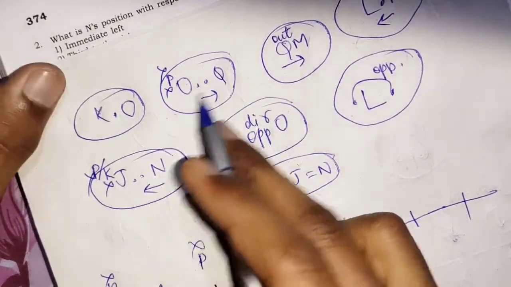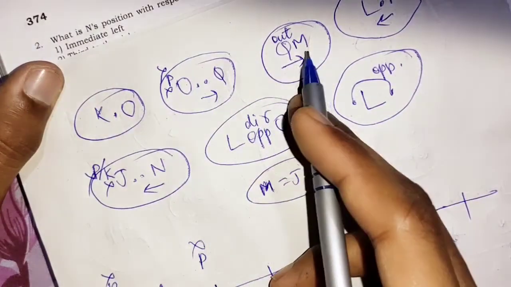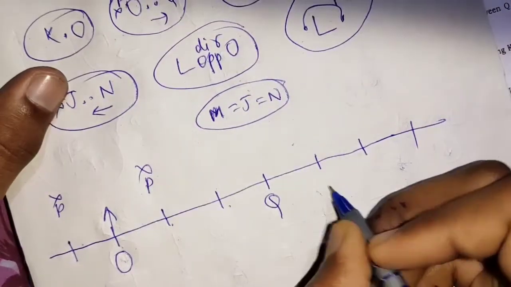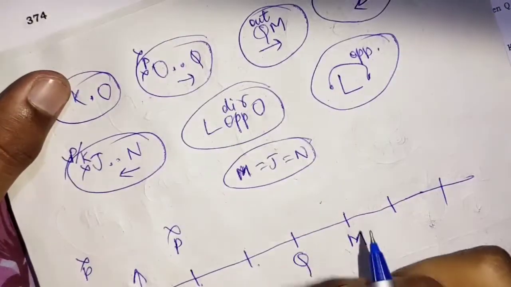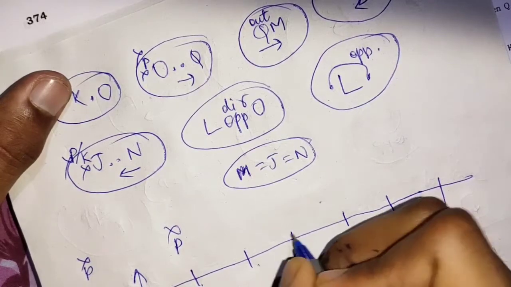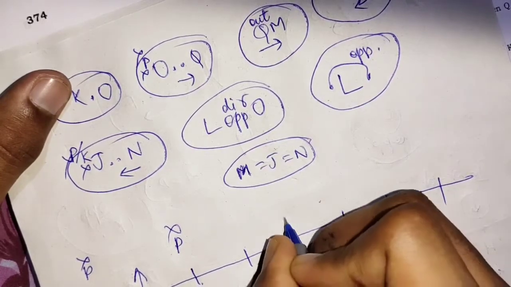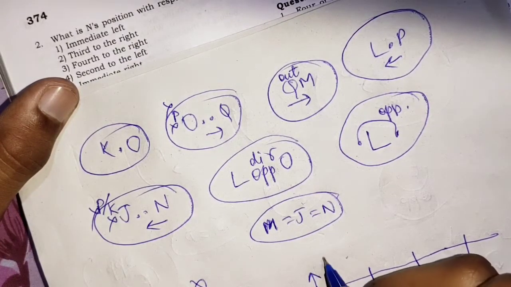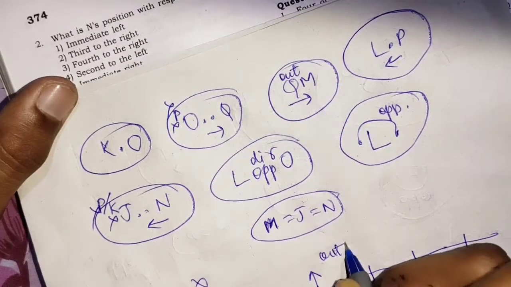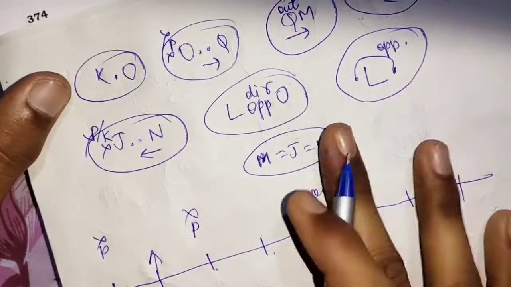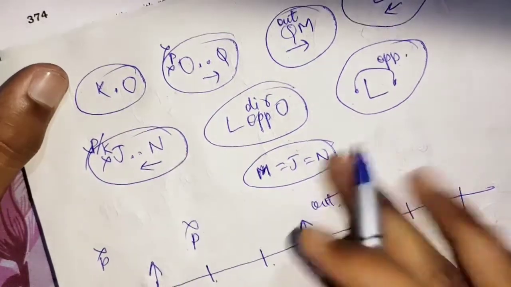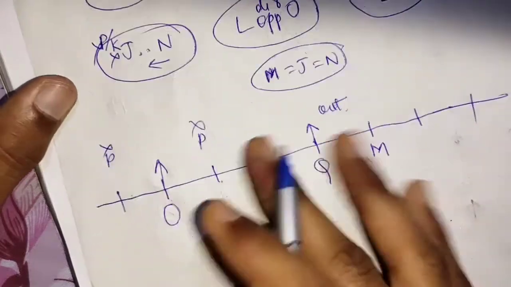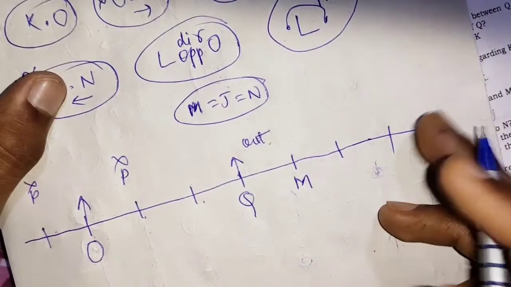So let's suppose we check the first one. We put M to the immediate right, so we put M here, and since M is to the immediate right this side, the direction of Q will be this, and this direction will face outward. And now a gap of 1 person between K and O. Now again K will be placed here also, and K will be placed here also.